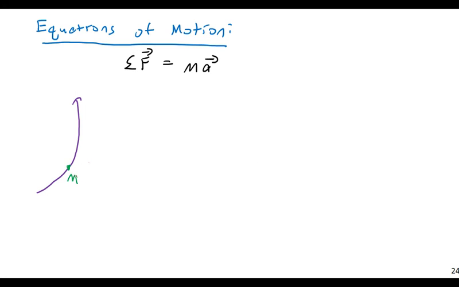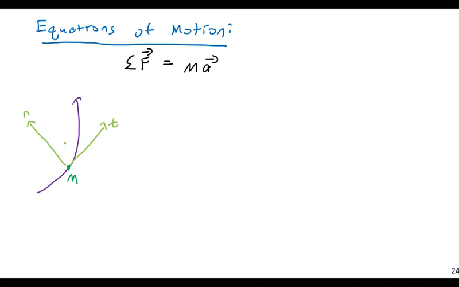I'm going to have a tangential axis here. This would be the tangential axis t. And I would have the normal axis n. So the tangential and the normal axes are at right angles to each other. The tangential axis is basically the tangent line pointing in the direction of the velocity at one instant, and the normal is perpendicular to that.